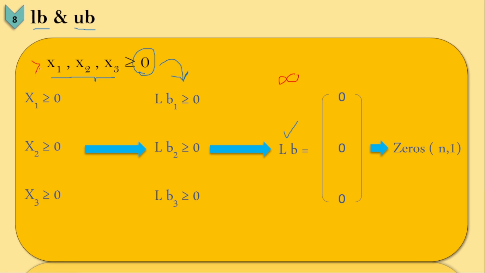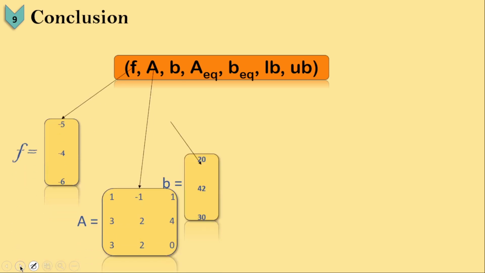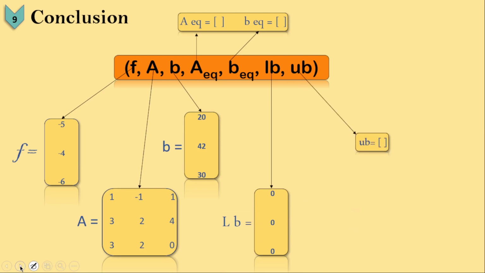But suppose that we have an upper bound like 2, actually all the decision variables are smaller than 2. Then we should define an upper bound for each decision variable as well. So far we have extracted f, A, b, lower bound and upper bound. But for Aeq and beq, we did not have equality constraints, so we should set them equal to empty brackets.